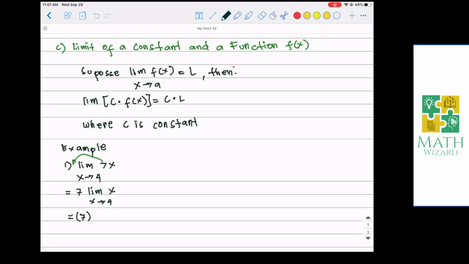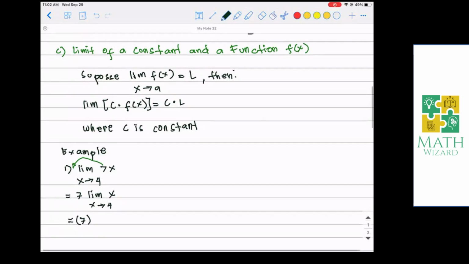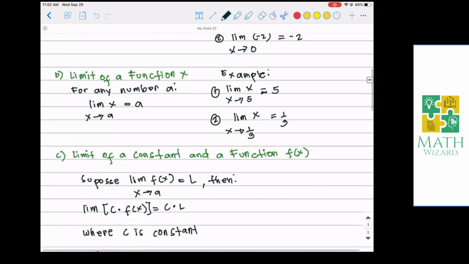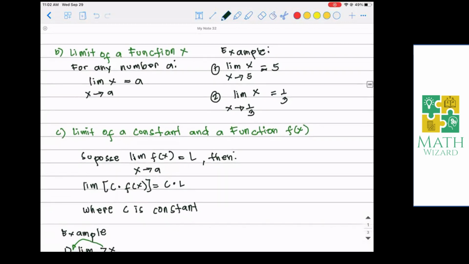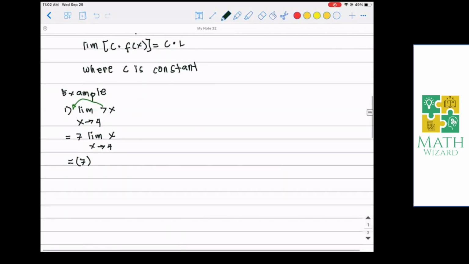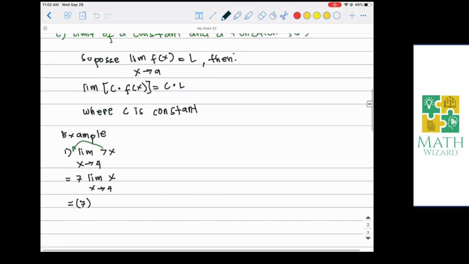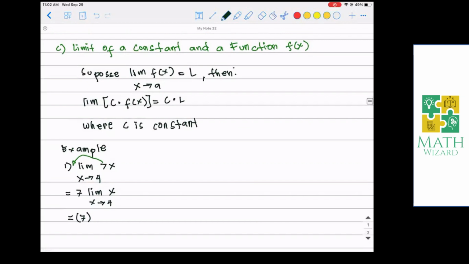approaches 4. So, napag-aralan natin kanina na for us to find the limit of x, ito, yung second one, for us to find the limit of x, ang sagot natin is kung saan nag-a-approach si x. So kung meron tayong limit ng x as x approaches to 4, therefore, what would be the answer here?